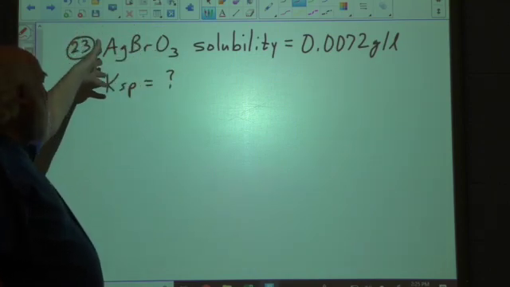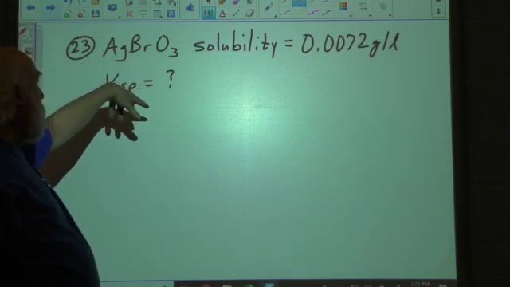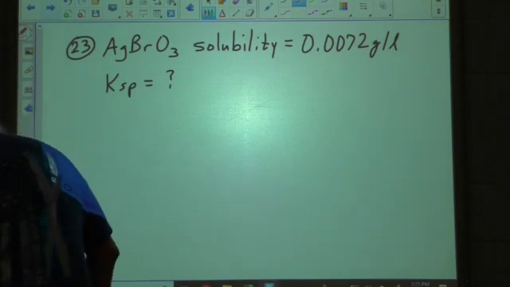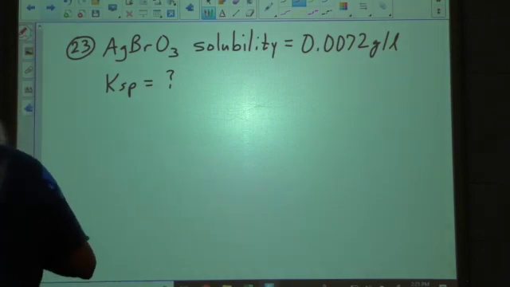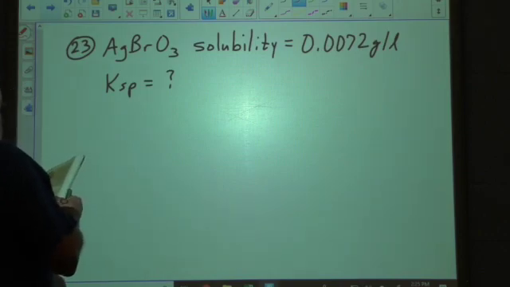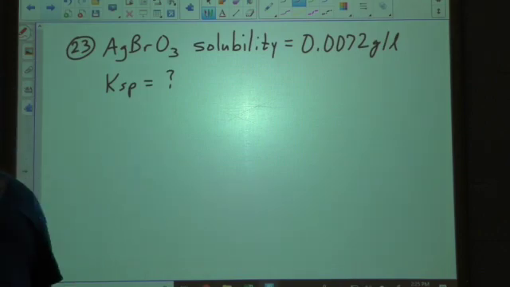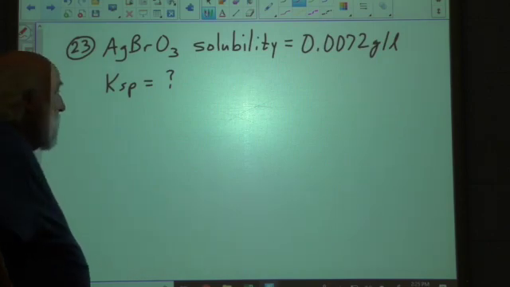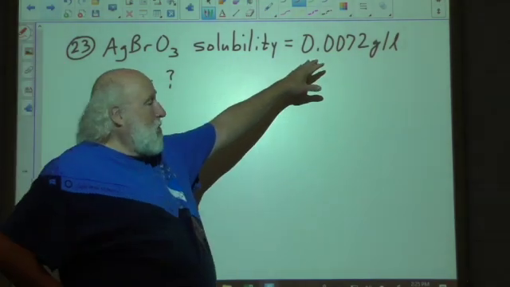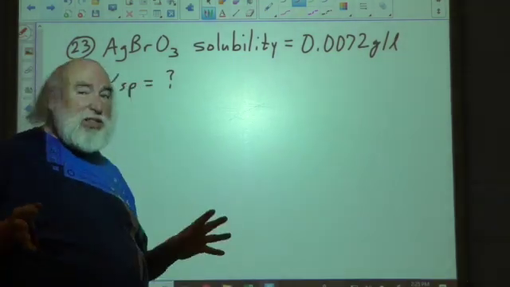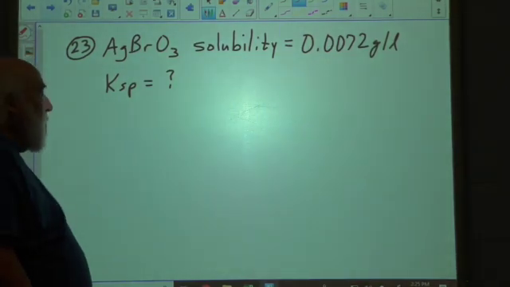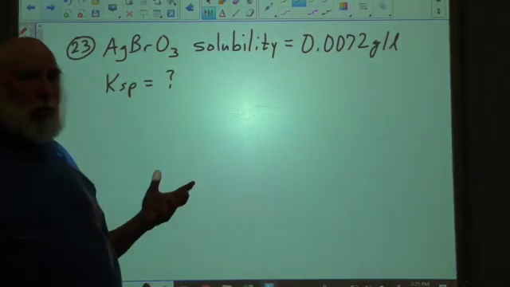It actually turns out that BrO3 is one of those ions that will be soluble, but the silver is an extremely insoluble metal. So I'm suspecting, since the solubility is given to us as this, that this is a slightly soluble, which technically means insoluble, salt. But when we write concentrations, it's in moles per liter.